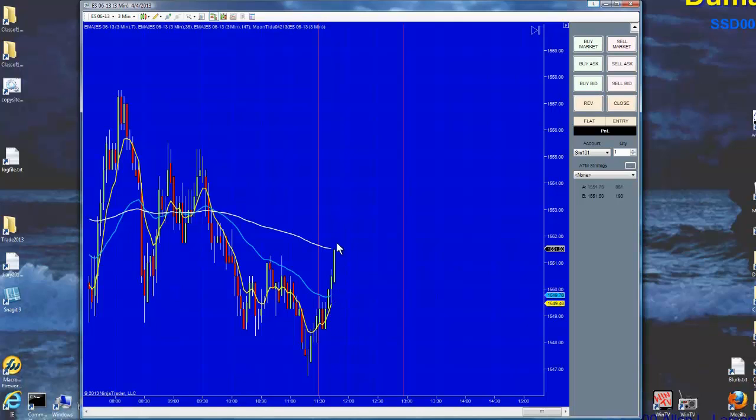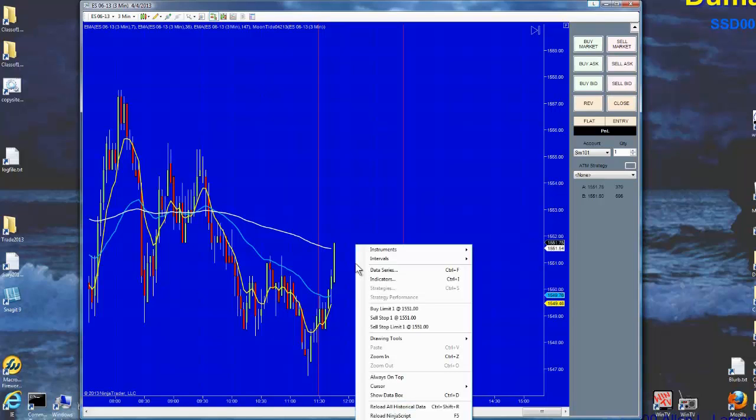Now, because of this resistance, I think what I'm going to do is see, this is going to break here. I'm going to see if I can do a buy right in the region of these highs here. And here I'm just right-clicking, point at the price, right-click.